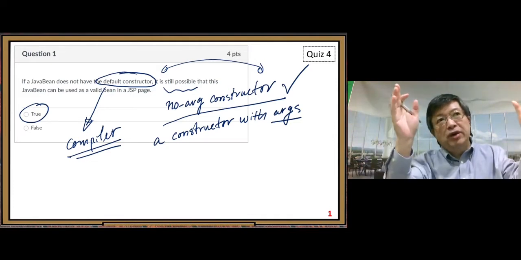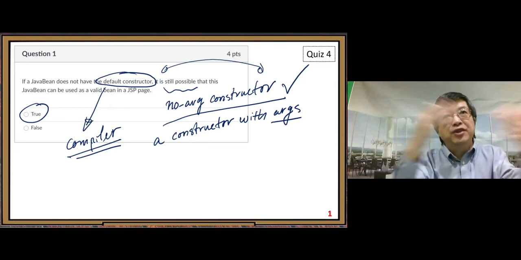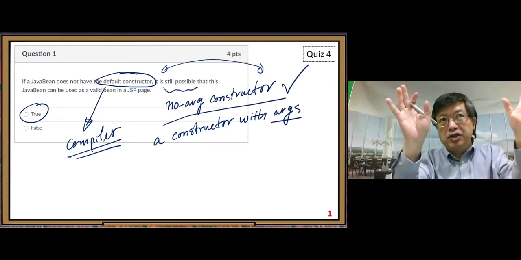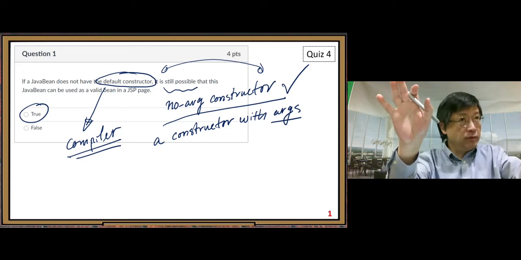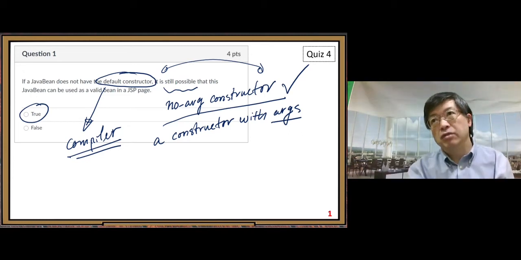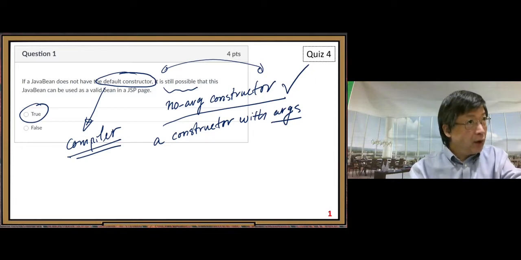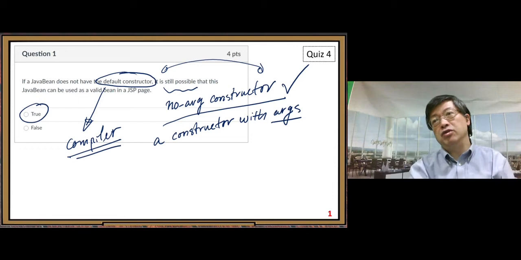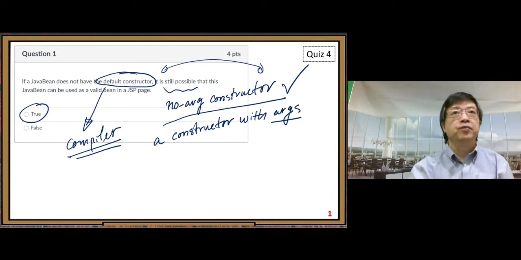You have only a constructor with args. In that situation, the compiler does not provide the default constructor because you already have some constructor, no matter whether it is with args or no args.